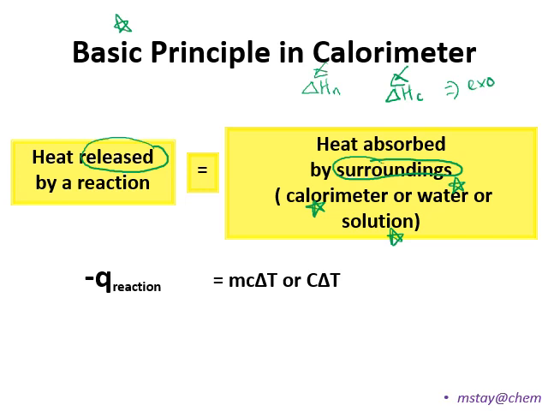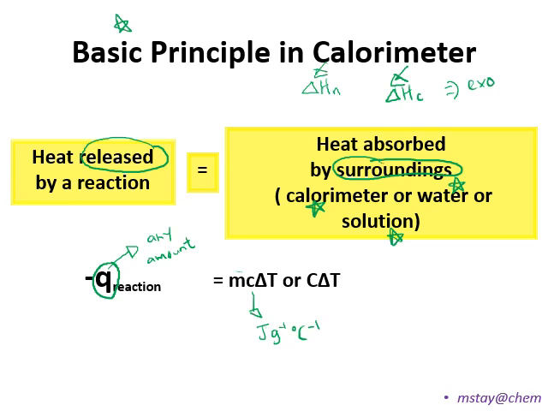When we use Q to represent the heat released for any amount of the substance involved in the reaction, then c is the specific heat capacity, which has the unit joule per gram per degree Celsius.